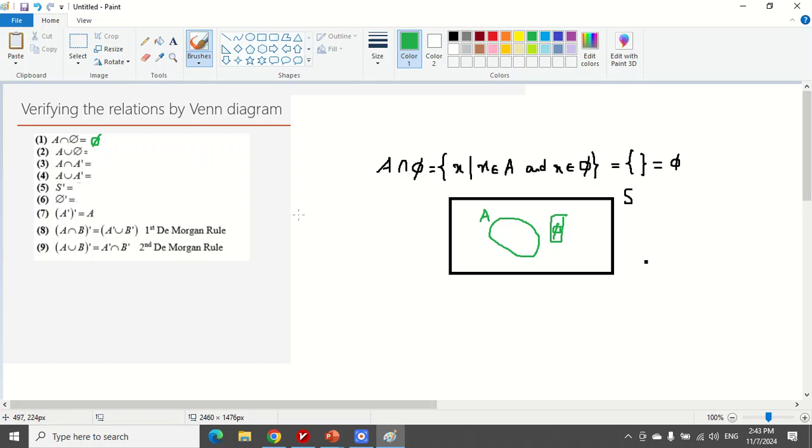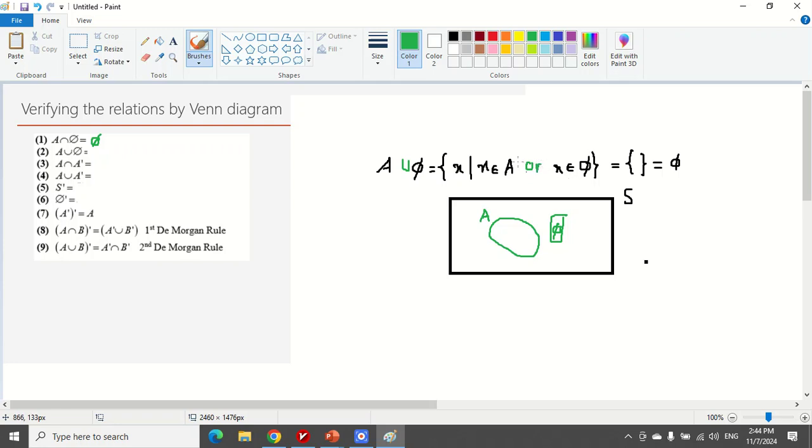Now the union of them. If I change the intersection to union, then I'm looking for the union of A and phi, and instead of the word and that we put over there, I should erase that and put or, because it's union.